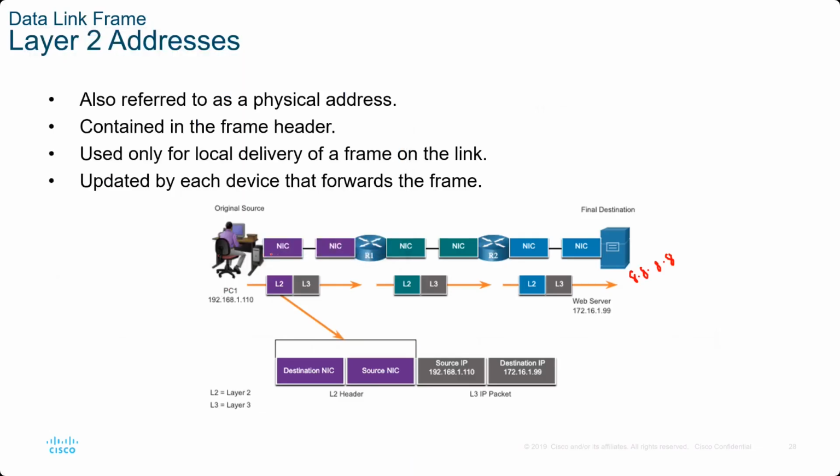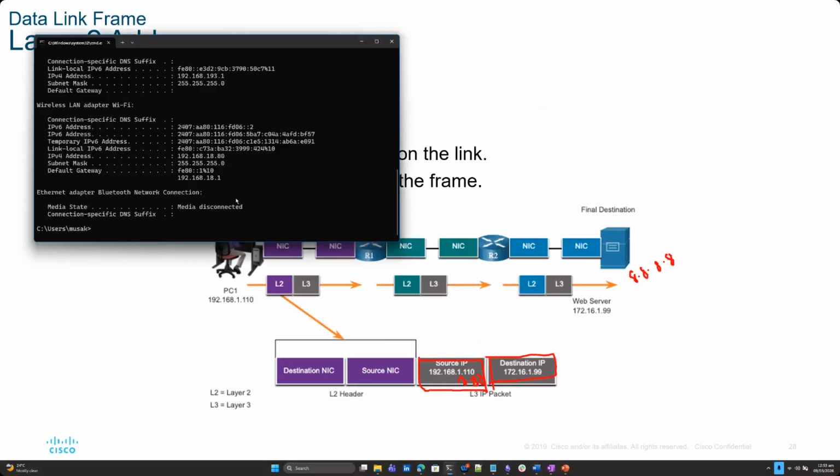So my computer will generate a layer 3 packet in which the source IP address would be 192.168.18.80. Then the destination IP would be 8.8.8.8, because I am providing that destination IP.